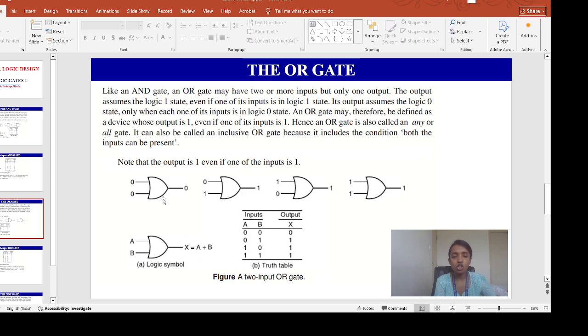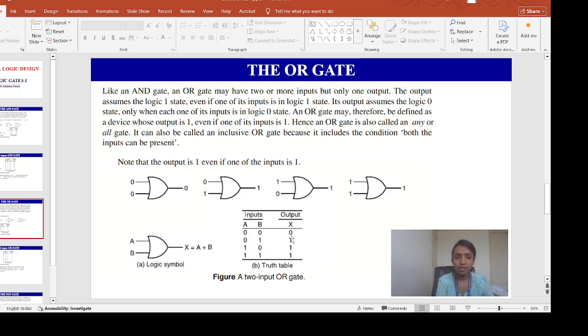This is the logic symbol of the OR gate. If we make a truth table for a two input OR gate, 4 combinations are possible for input. Whenever one of the inputs is 1, the output becomes 1.